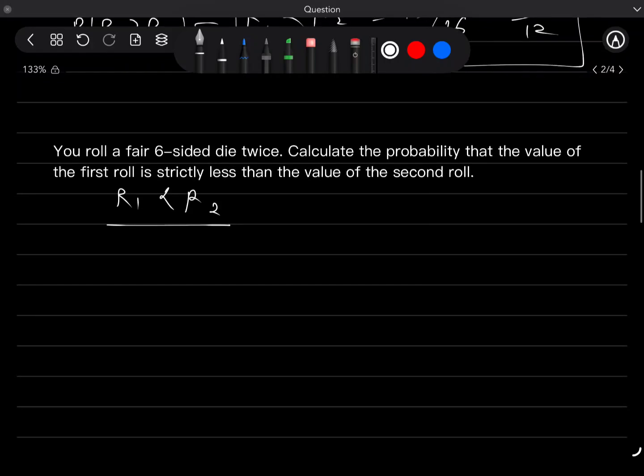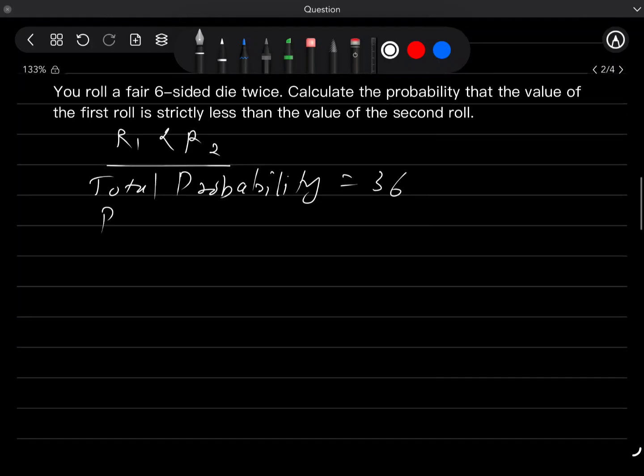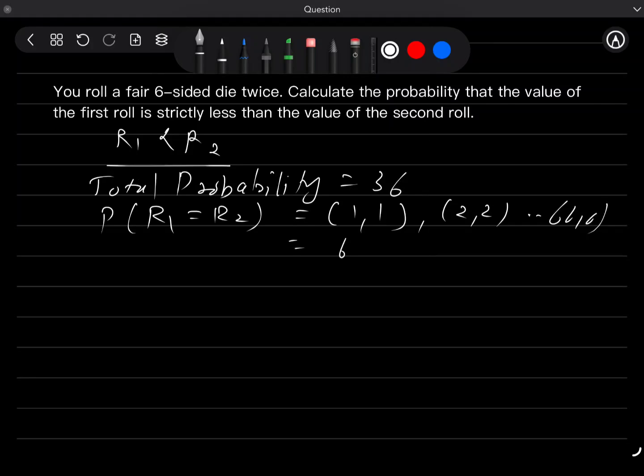Let's recheck this with the formula. In total the number of outcomes is 36, and the probability of roll 1 equals roll 2 is 6 out of 36, since the pairs are 11, 22, 33, 44, 55, 66, total 6.